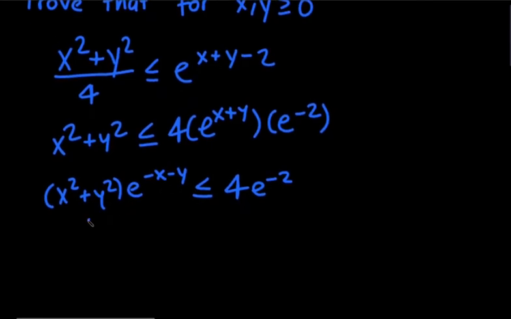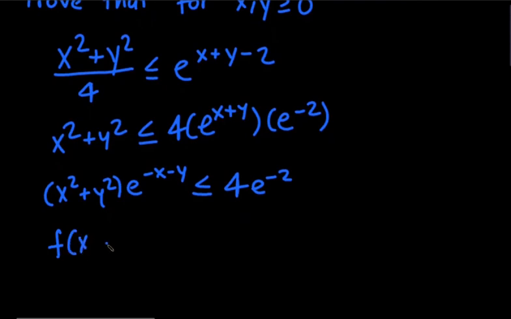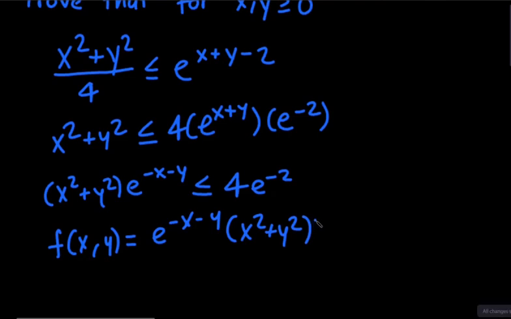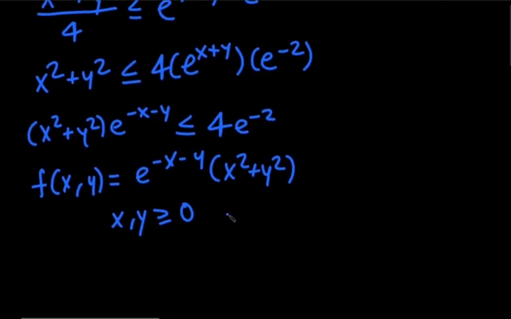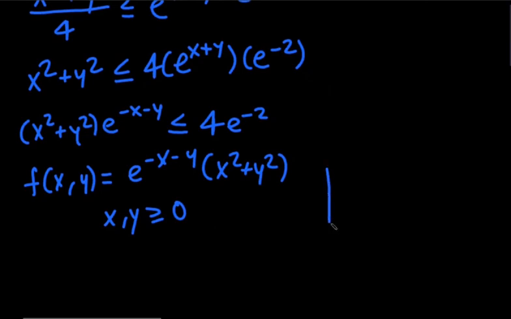Now we can just set up the function f of x comma y, which would be equal to e to the minus x minus y times x squared plus y squared. So now it's pretty clear that this will have a maximum when x and y are greater than or equal to 0, and that's in the first quadrant, right?